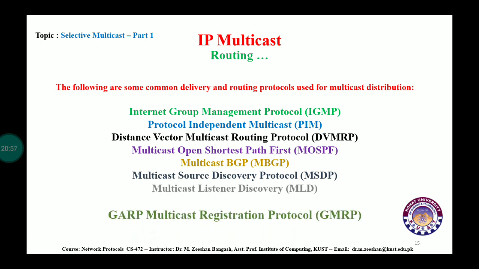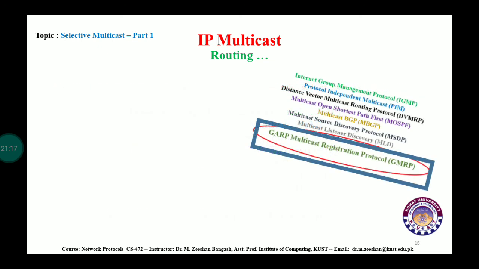There is also a selective multicast protocol, which is part of our topic: the GARP multicast registration protocol, which we call GMRP. GMRP is basically the selective multicast mechanism we will be discussing in the next lecture.